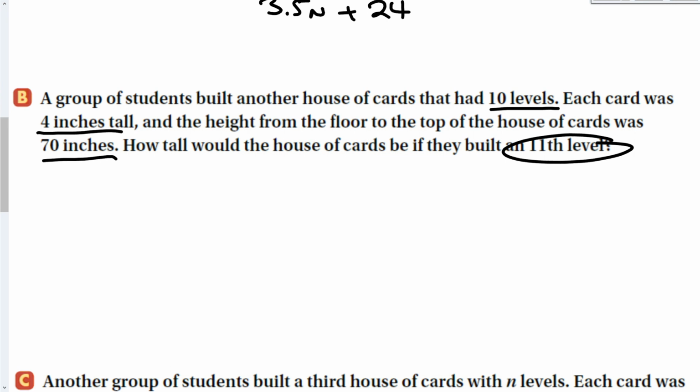Well, now the things that are going on are a little different. I'm starting now at 10 levels at 70 inches. So each card was 4 inches tall. To build an 11th level, I just have to go up another 4 inches. So it's going to be the start plus another 4 inches, to be 74 inches.